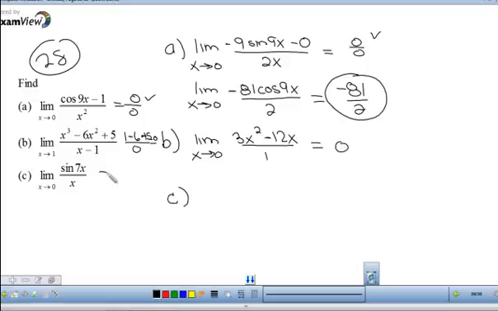And then once again, sine of 0 is 0 over 0, so I'm going to use L'Hopital's rule. I'm going to have 7 cosine of 7x over 1, so that's going to be 7 cosine of 0, which will be 7.